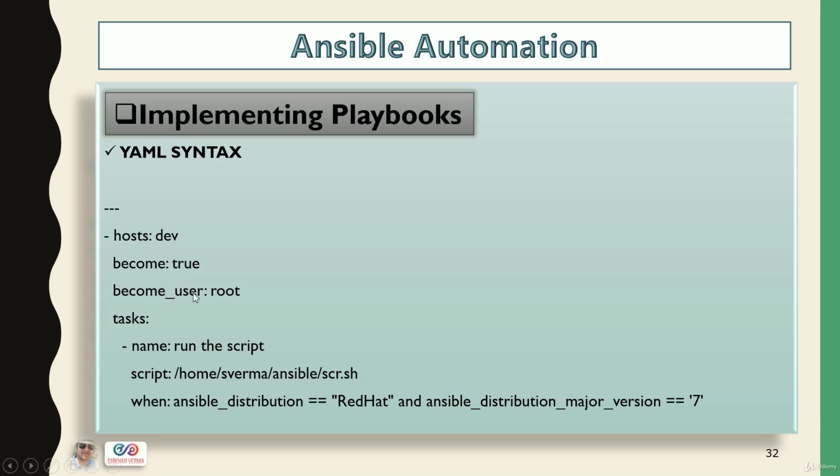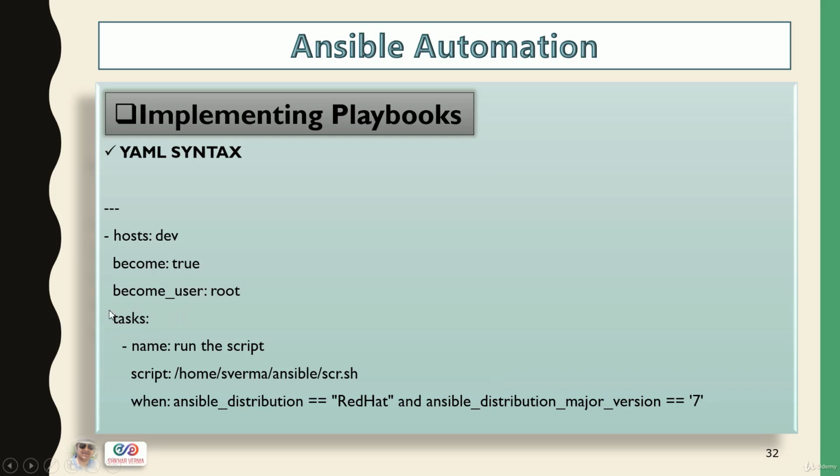Then become underscore user, like what user it is going to become. Suppose I have executed this playbook using a normal user, that is S Verma. It is going to execute this playbook as a normal user, and once it reaches the managed host, it elevates its privilege to the root user. So I have mentioned the root user. You can mention any other user as well.